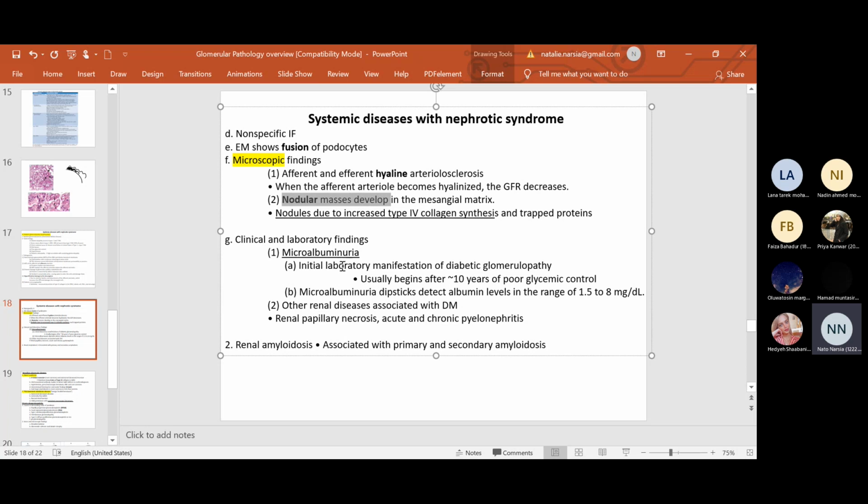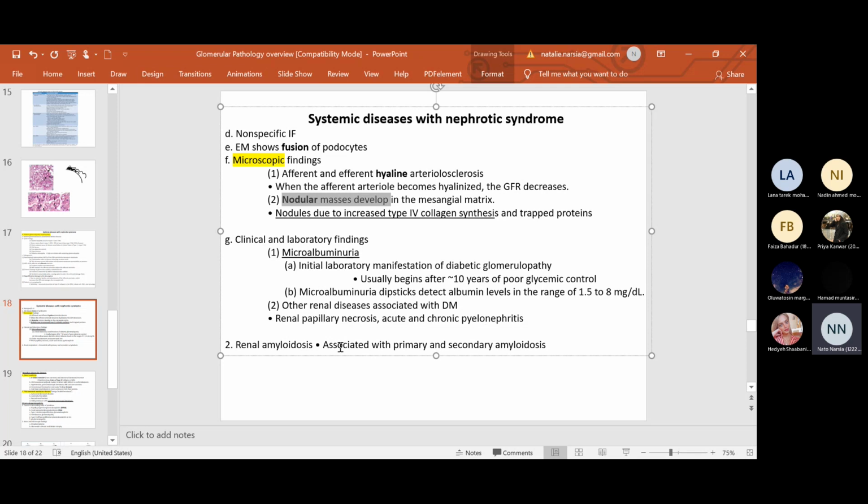And hyperfiltration will lead to microalbuminuria. That is it. Other renal diseases, renal papillary necrosis, you know already. It can lead to necrosis as well, complete occlusion of the small blood vessels, and it will lead to renal papillary necrosis, the most common complication of diabetes, right?